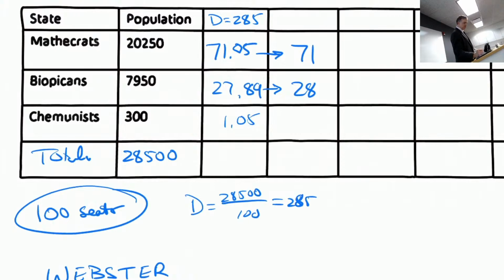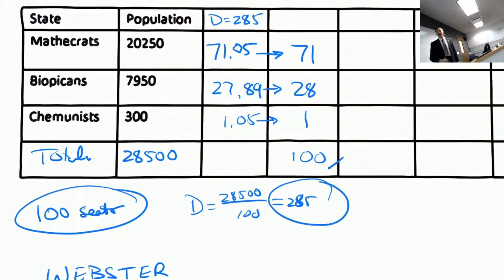And then the communists, they go down. Let's add those up. So it's just like Jefferson's method. We're going to use trial and error, but instead of rounding everyone down, you round some people up or down depending on how close they are to 0.5. So this becomes 100. Hey, we did it.